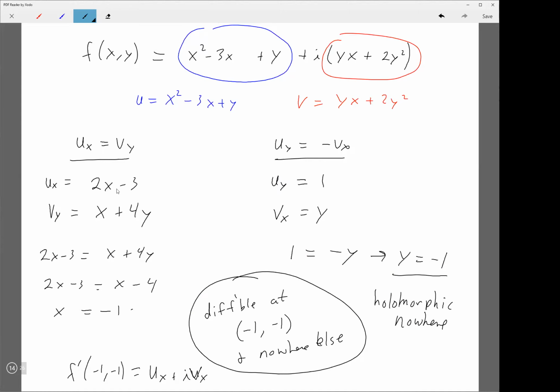If I put a -1 in there, that's going to be -5. And then this one, if I put a -1 there, it's going to be -1, so minus i. So the derivative is -5 minus i. So it's only differentiable at that one point.